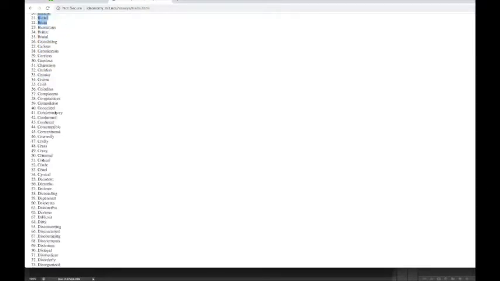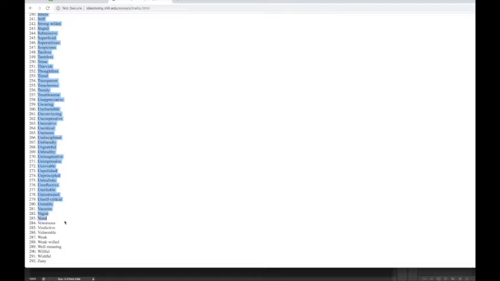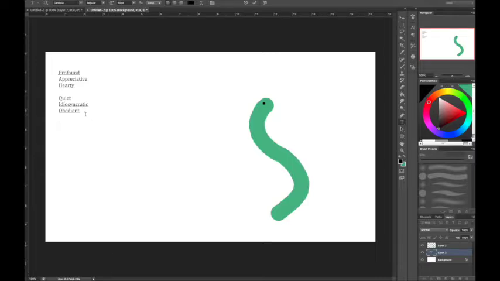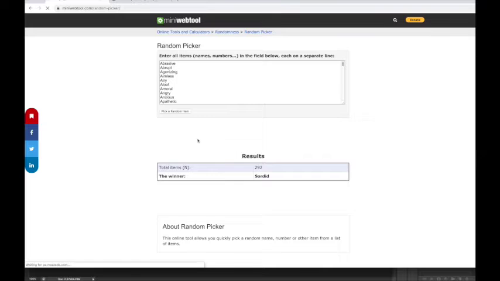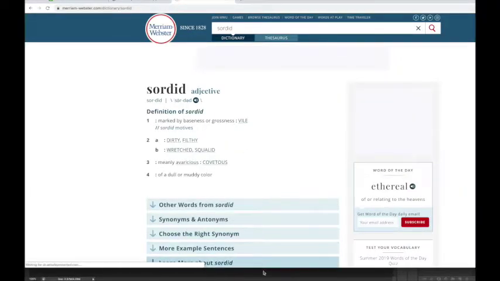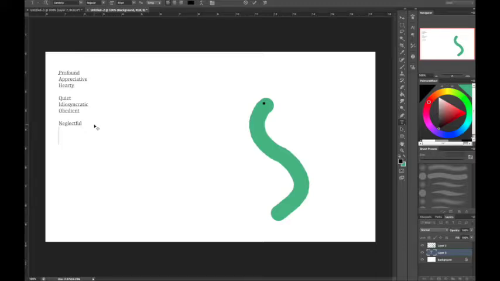Negative traits. Okay, these better not contradict. Some of them might contradict. Neglectful. I mean, okay, I guess that could happen. Sordid? You know, I don't even know what that means. Oh, okay, so basically it means gross.